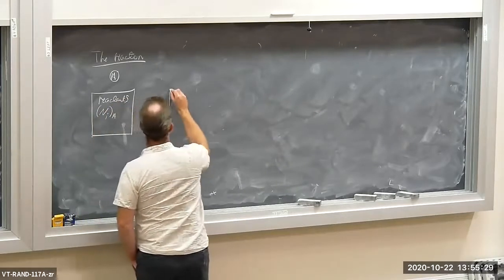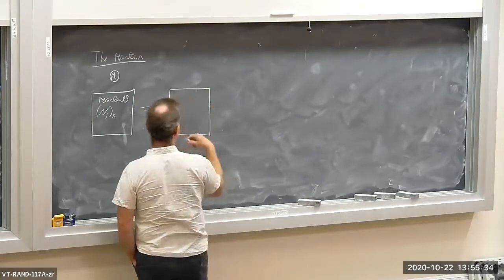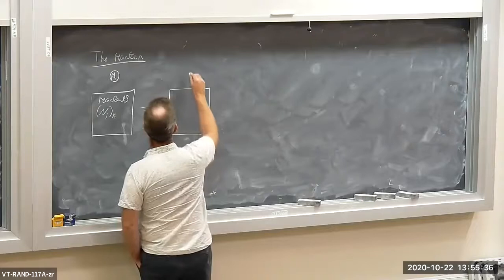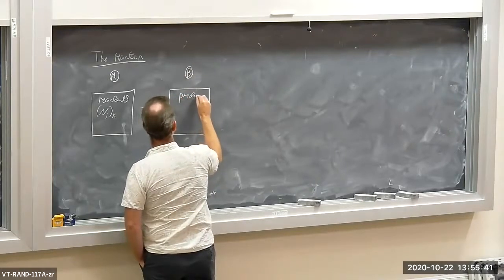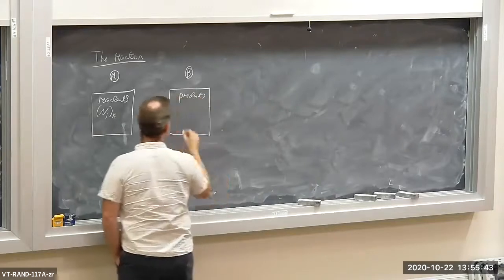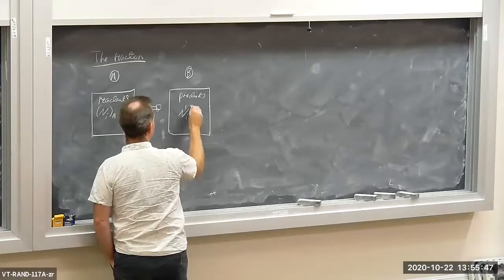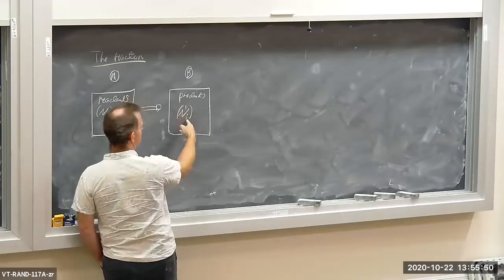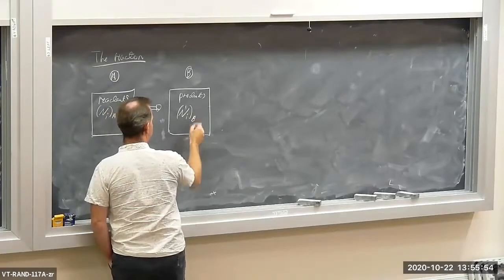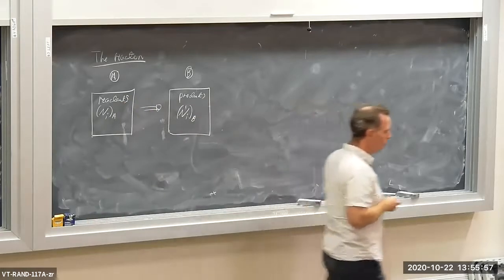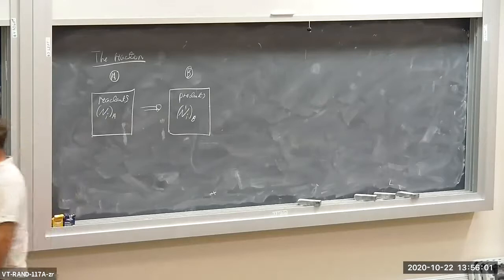And then, of course, something happens, a spark or something causes chemistry to take place, a chemical reaction. We end up at state B, and now we have products. So the composition of the products is the moles of each product component at B. So B refers to products, and A refers to reactants.